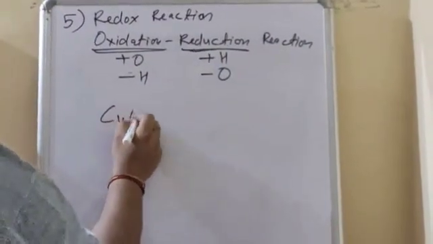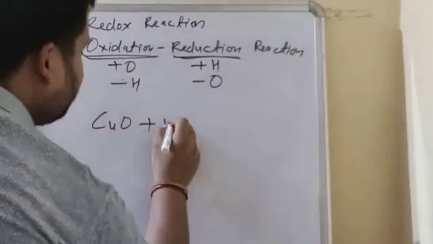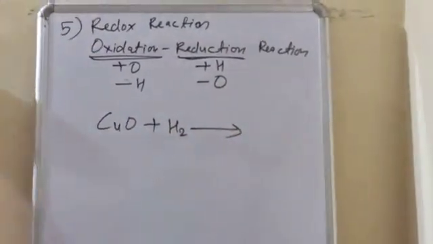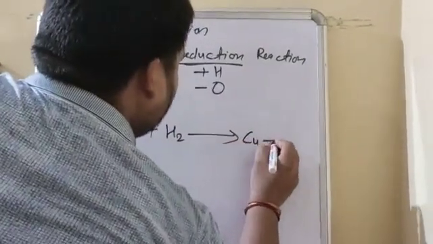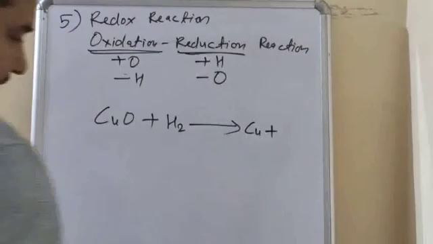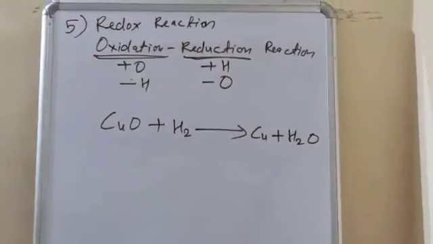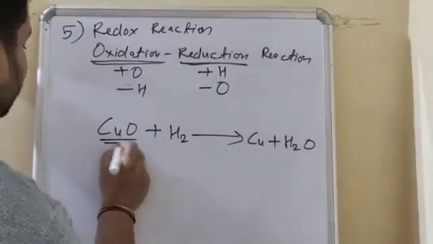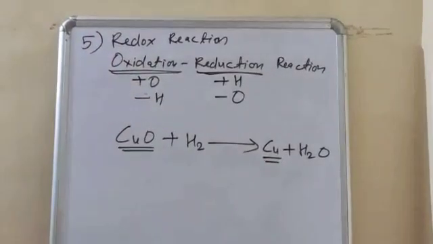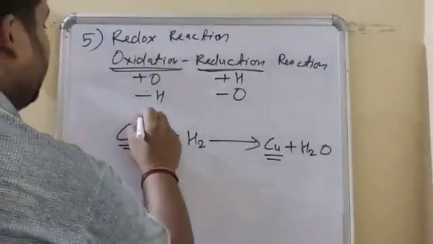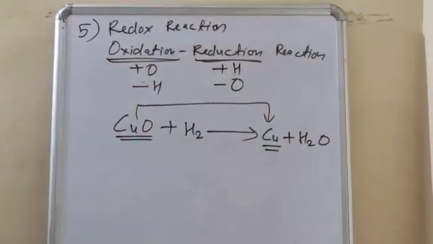Copper oxide reacts with hydrogen gas, and copper plus water will be formed. Here, just see copper oxide, and on this side only copper. So just tell me, is it removal of oxygen or addition of oxygen?